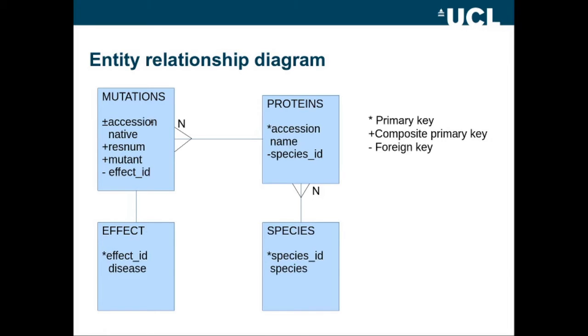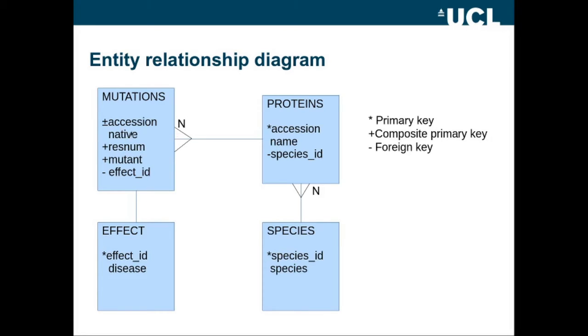The other thing that we're introducing here is the concept of a primary key. Now, primary keys here are indicated with a star, and this indicates that if you know that piece of information, then you will find a unique record in that table. So this is the concept. The primary key is unique.